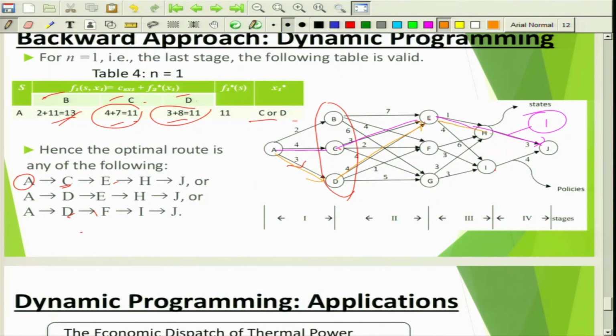You go from E to J via H. Now if you choose D, but you are not interested in E and rather want F, that is still fine, but you should not choose G. If you go to F, then the best way would be not to go to H, you go to I or J. Any of these paths, 1, 2, 3, would give you the most optimal solution in terms of minimizing the overall cost.